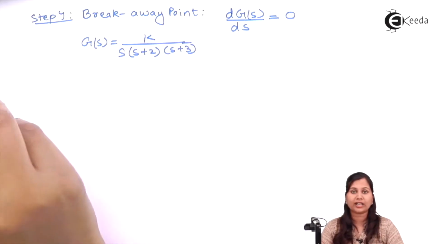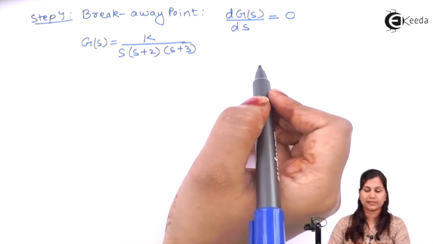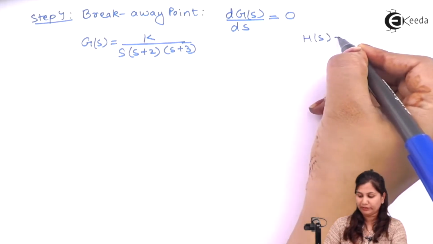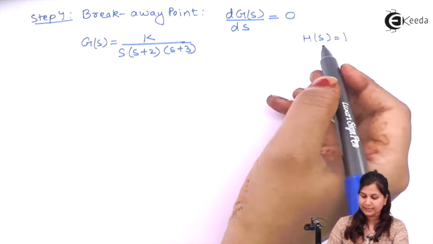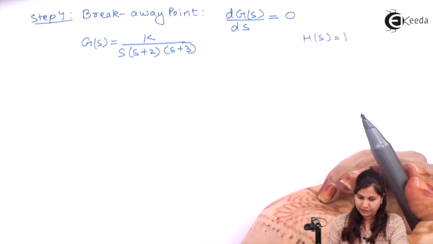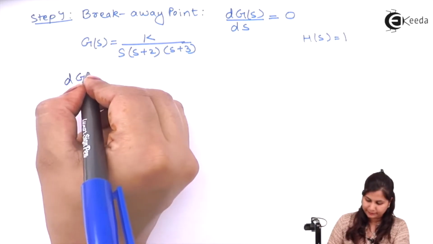In the question, we are given G(S)H(S) equals K upon S, S plus 2, S plus 3. So H(S) is 1 because it is a unity feedback system. So G(S) is equal to K upon S, S plus 2, S plus 3. Now differentiate this with respect to S.